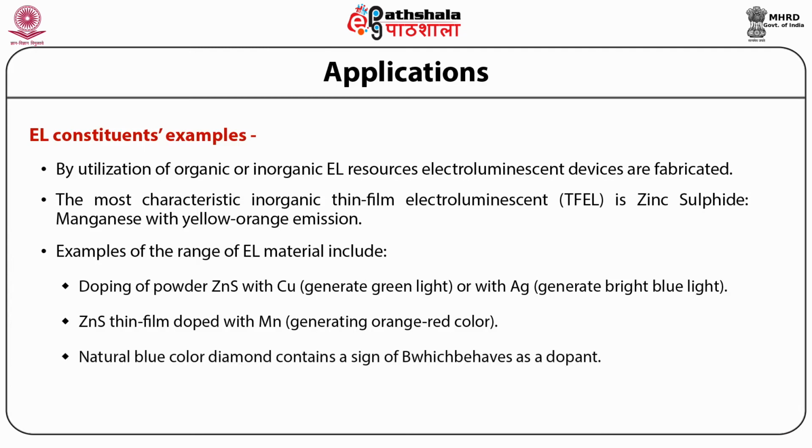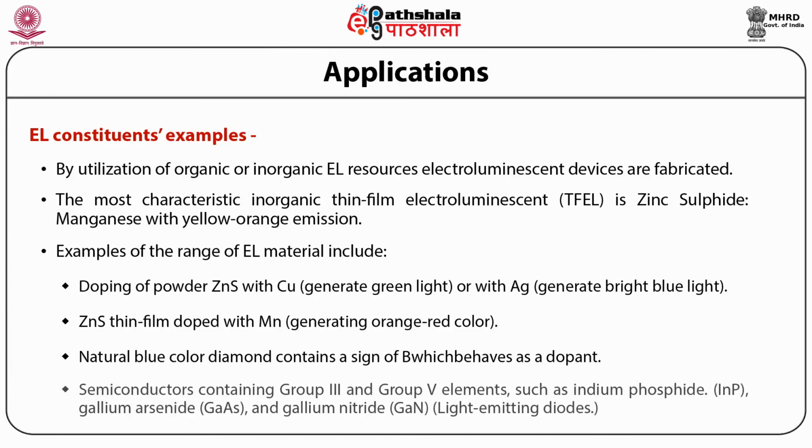Third, the natural blue colored diamond contains boron, symbol B, which behaves as a dopant. Then the semiconductors containing group 3 and group 5 elements such as indium phosphide, gallium arsenide and gallium nitride LEDs.